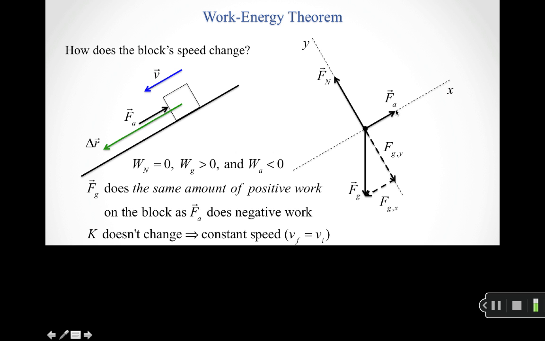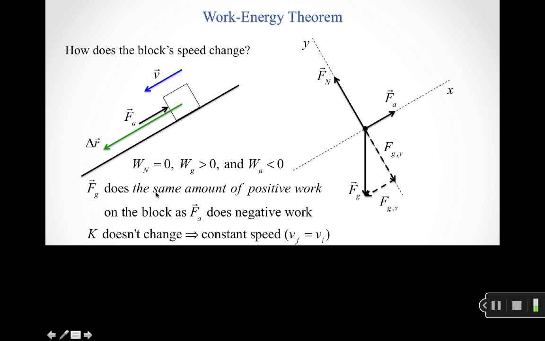If I have just the right magnitude of the applied force, so that its magnitude is the same as this component here, then the signs are all going to be the same, but gravity is going to do the same amount of positive work as the applied force does negative work. So when I add these three work terms up now, I'm going to get 0 plus the same number where one's positive and one's negative. These three things are going to add up to be 0.